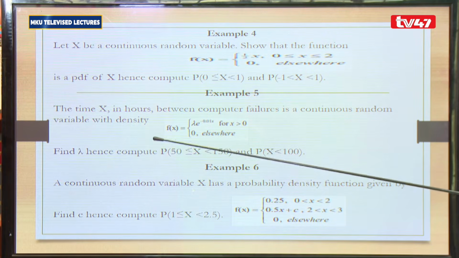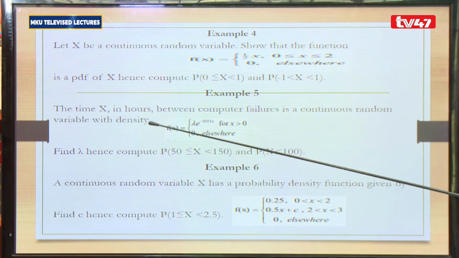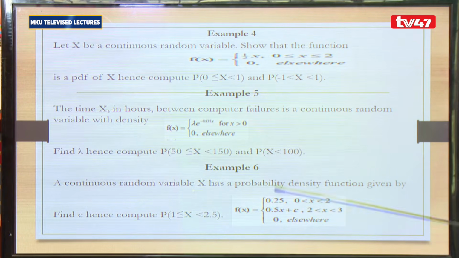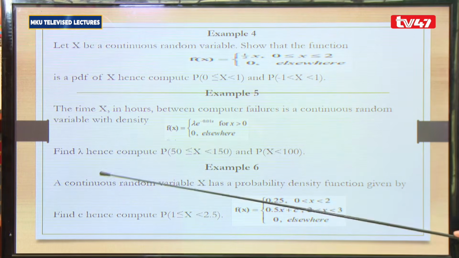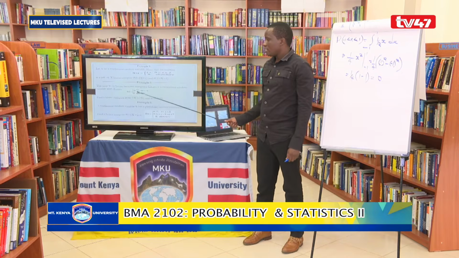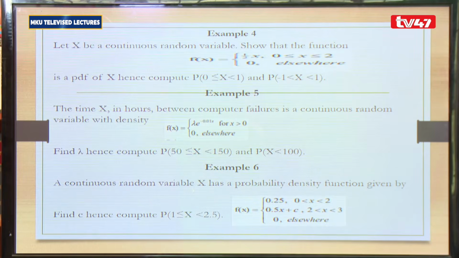Now we have another example here. The time x in hours between computer failures is a continuous random variable with this density. We are told to find lambda, whatever is here in the expression, and hence compute those probabilities.